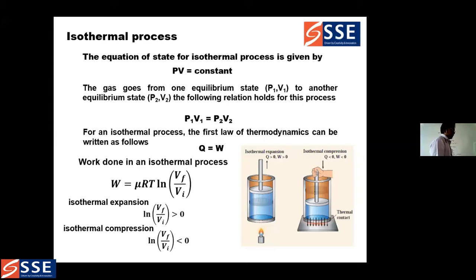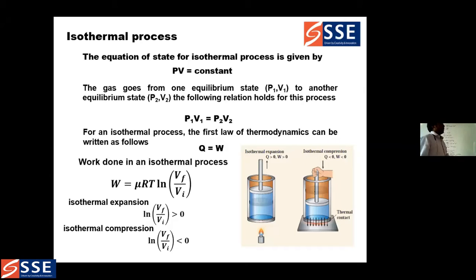So P1 V1 is equal to P2 V2. The first law of thermodynamics for an isothermal process tells us that Q is equal to W, meaning whatever heat we supply, that much work will be done.